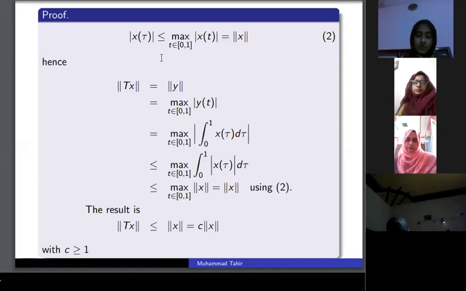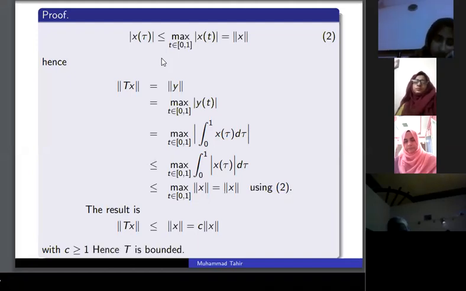The result is that the norm of Tx is less than or equal to the norm of x, which can be written as less than or equal to c times the norm of x. If we take c equal to 1, then this inequality holds, and the norm of Tx is less than or equal to c times the norm of x, which shows that T is bounded. So the integral operator is a bounded linear operator. So these are very important examples.